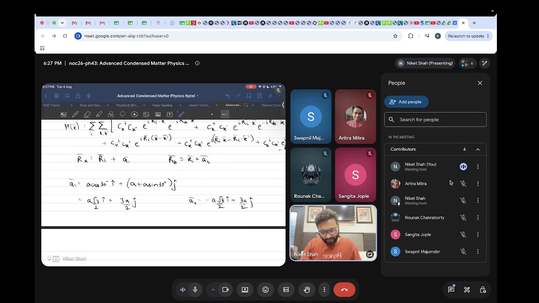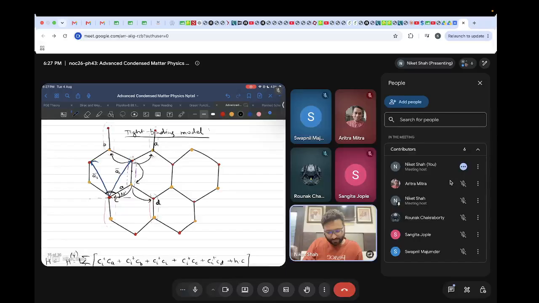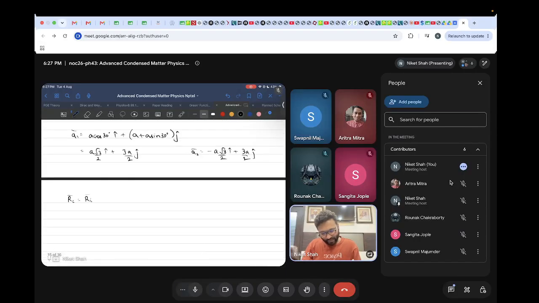And similarly, Rc can be written as Ri minus A1, right? And Rd can be written as Ri minus A2.